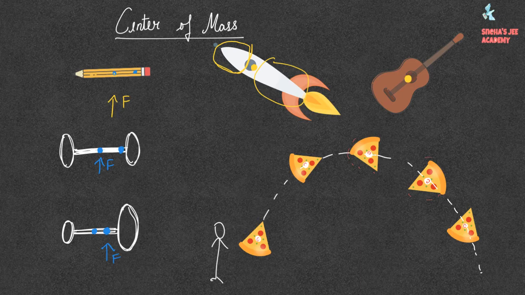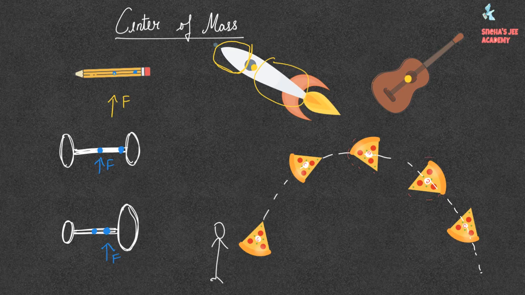But what is interesting is the center of mass is always along the trajectory. As the pizza moves, all of its particles move in a complex manner except the center of mass, which I've denoted with C, which follows a parabolic trajectory as if it were a particle of mass equal to that of the weight of the pizza. So this is the basic understanding of what is center of mass.